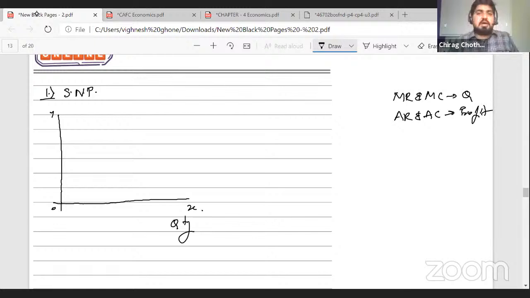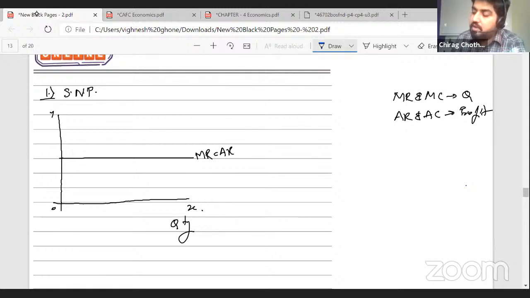So MR and MC will help us determine the equilibrium quantity that we need to produce in business. How are the AR and MR curves in perfect competition? It is a straight line. What does this represent? This represents MR equal to AR equal to price, of course.